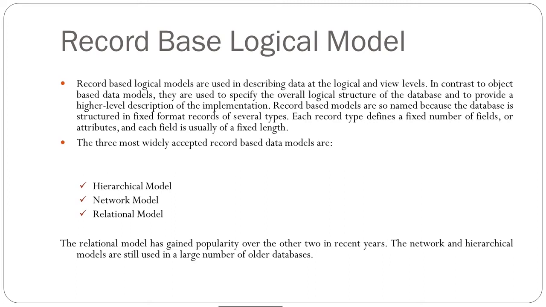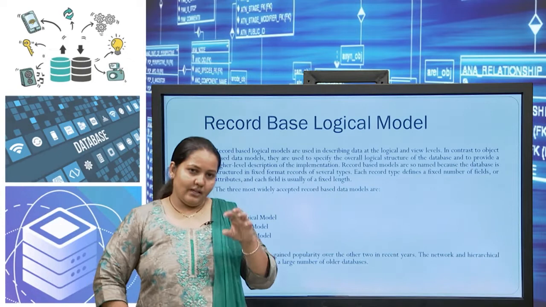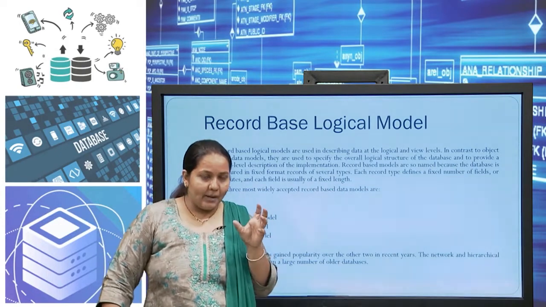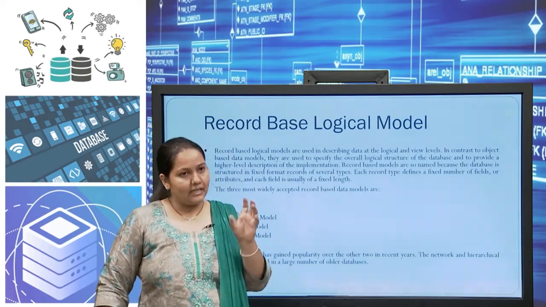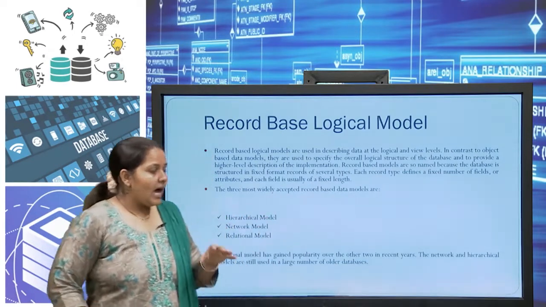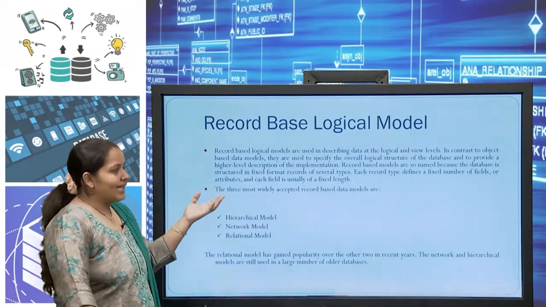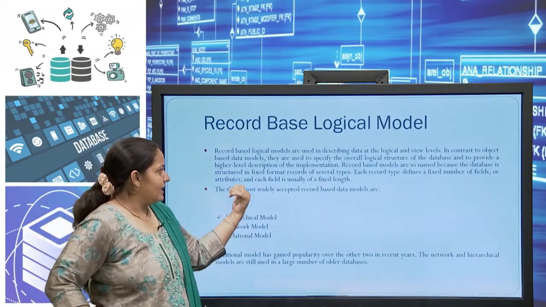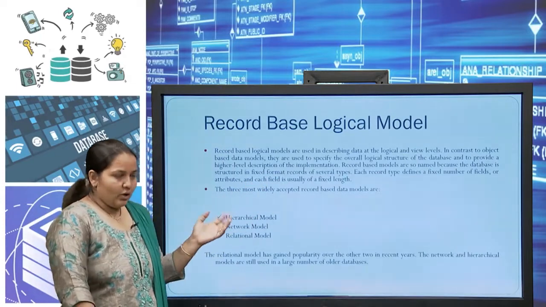But the difference is that these models are used to specify the overall logical structure of your database and provide a high level description of the implementation. So the database structure details are available, and also how we are implementing this schema is available with the record based logical model.